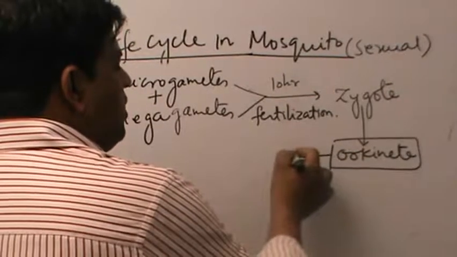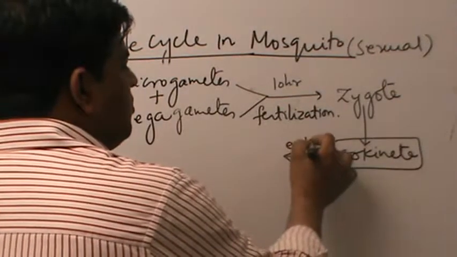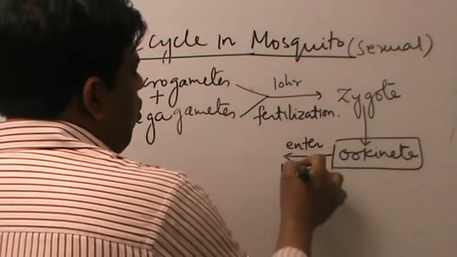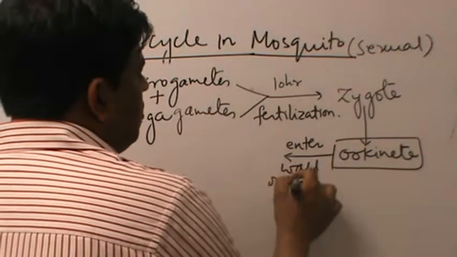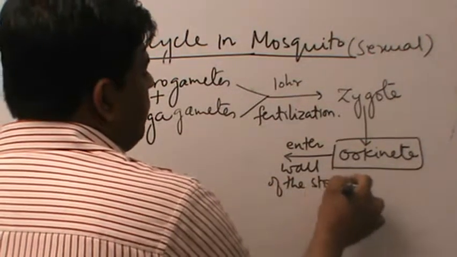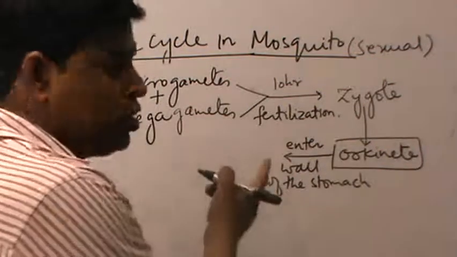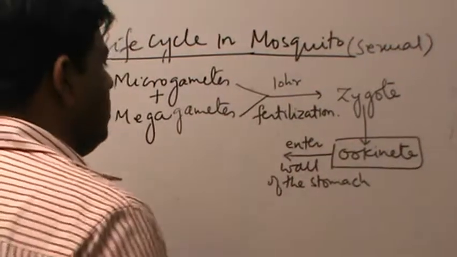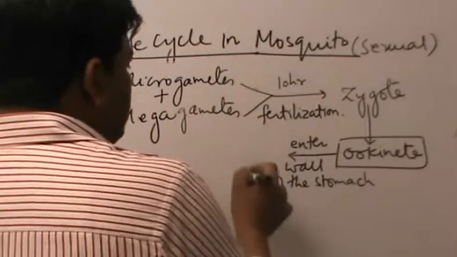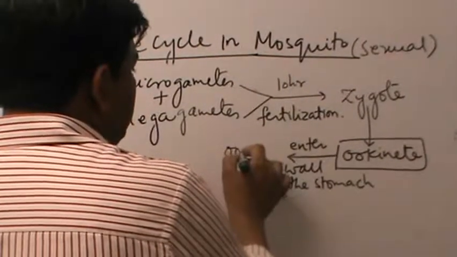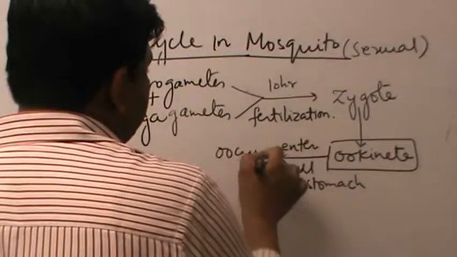This ookinete will enter the wall of the stomach in the mosquito and becomes encysted. That is known as an oocyst.